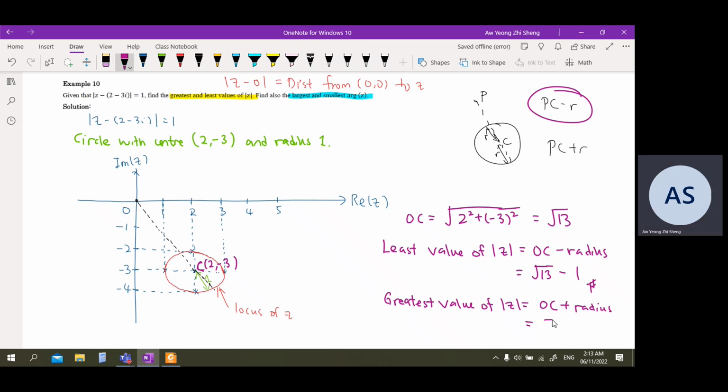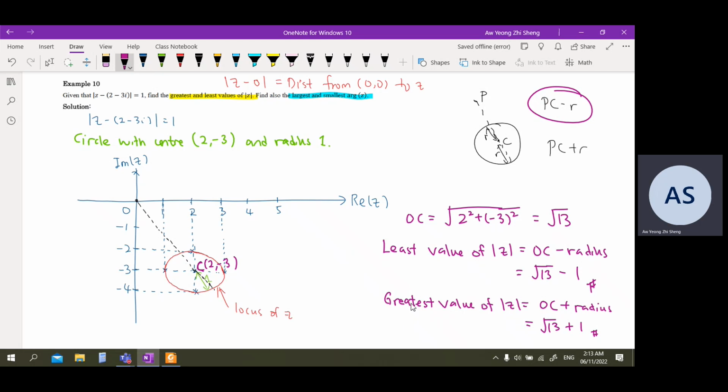Right, so that will give me root 13 plus 1, and that's it. Okay, so we are done with the first task. Greatest and least values of modulus Z are done.